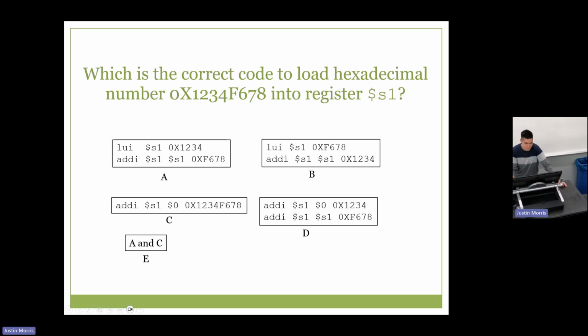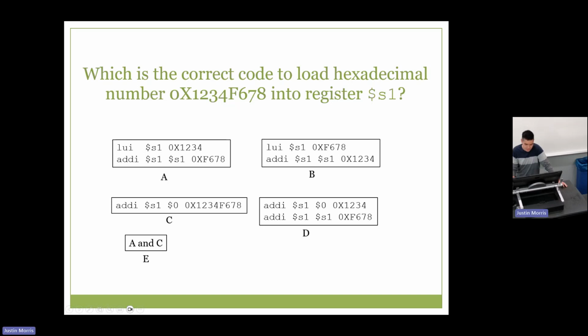So really what happens here is you have S1, which has 1234 and then 16 zeros. But then the add immediate sign extends this number to be 32 bits, and because it's negative, it becomes all ones in the upper. So it really messes up this upper part. So A doesn't work.